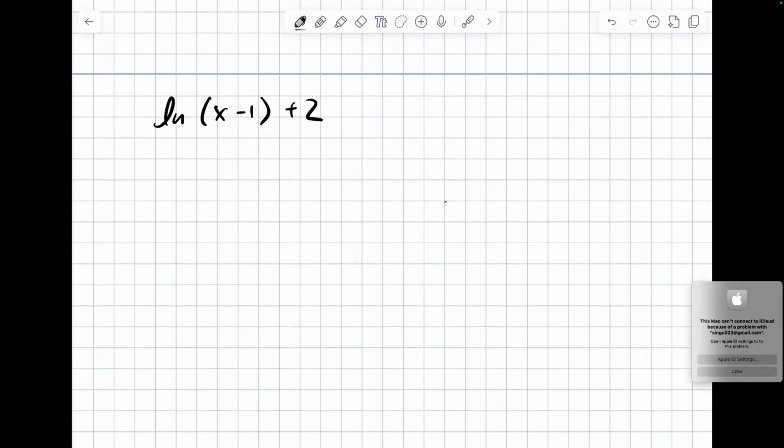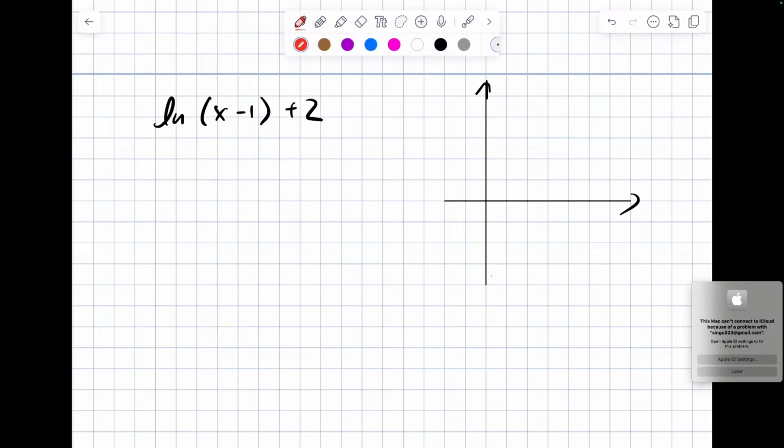Okay, start with what the natural log of x graph looks like. It should look something like this. This point here is 1, 0, like Arthur just told me. And there is an asymptote. This is the natural log of x.